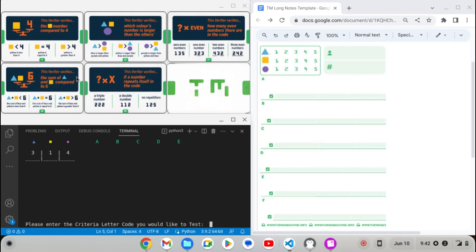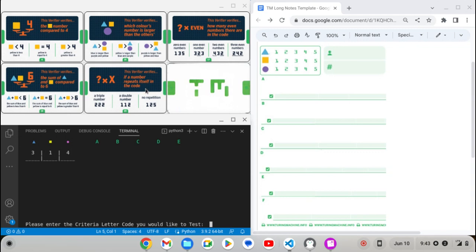Criteria card D will look at the first 2 digits, triangle and square, add them together and compare the sum to the number 6. So should the sum be less than 6? Should the sum be equal to 6? Or perhaps the sum should be greater than 6? And finally, criteria card E again looks at the 3 digits in our code and will let us know something about how it's formed.